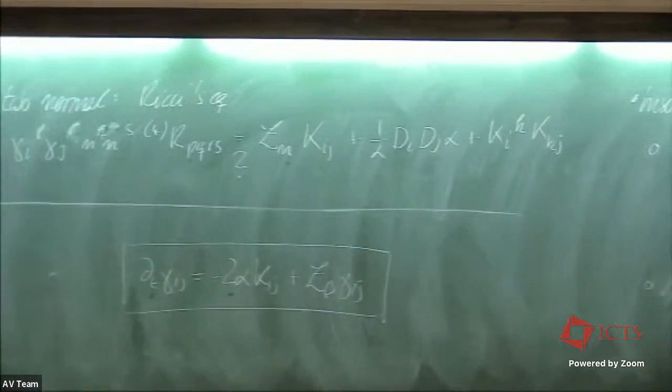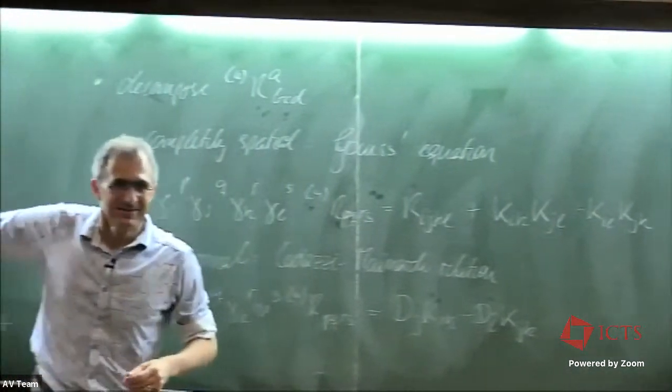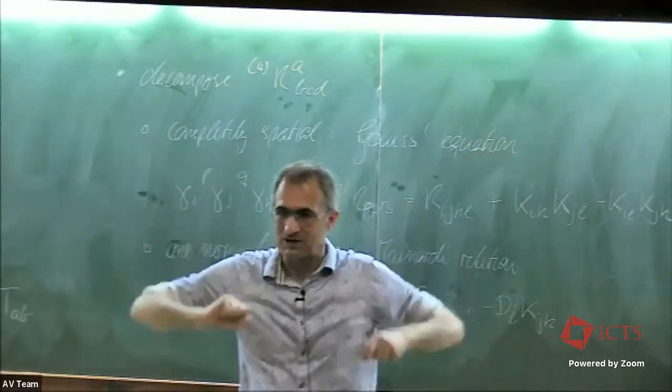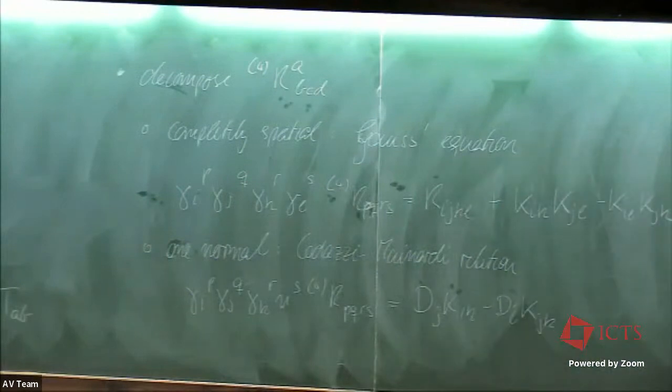Now you could ask, but what about these terms? Remember, this is for a general slicing condition. When we re-derived these equations a minute ago, but I had to erase them to make room for all of this, we also had these extra terms in this equation, which involved the extrinsic curvature.